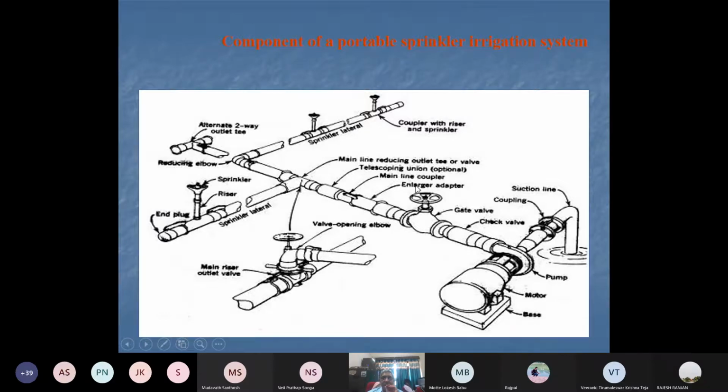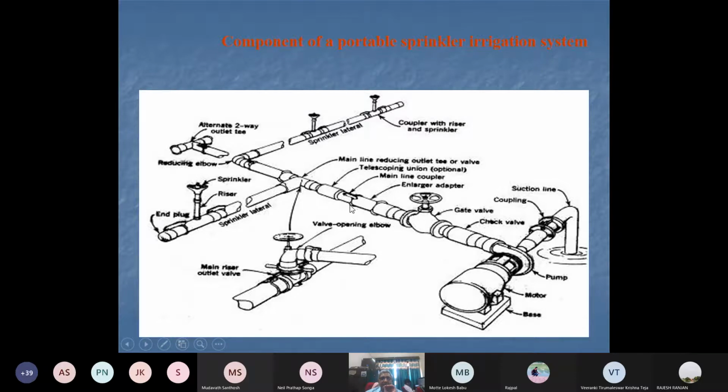Whereas the gate valve is to regulate the flow, whether we are required to operate at full throttle or with a smaller flow rate. So this is a gate valve which has been provided, and depending on this, whatever different connections you are seeing here, there is a coupling, there is a check valve, all these are optional features. It is not always desired to have so many valves and connectors, but here it is shown that if required we can have different couplings.